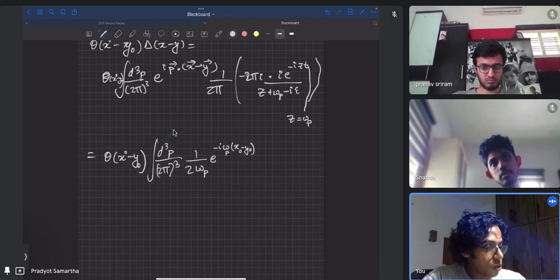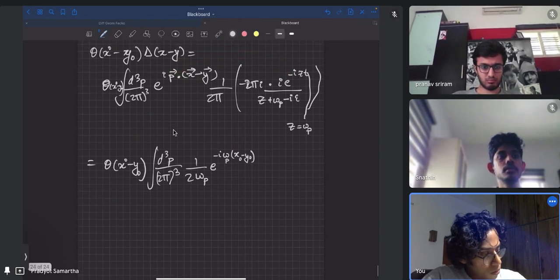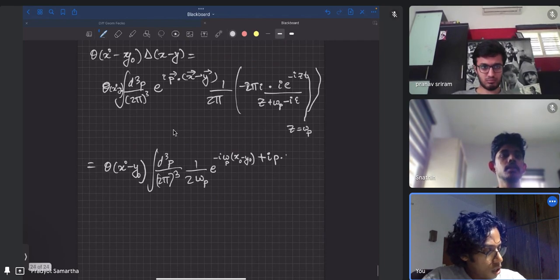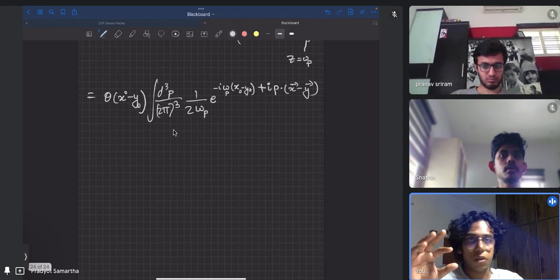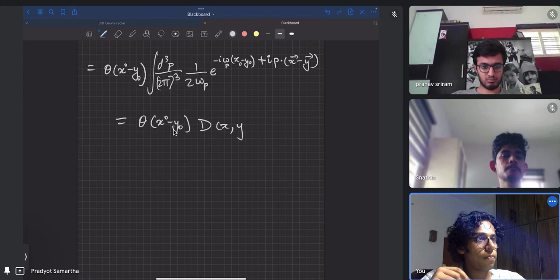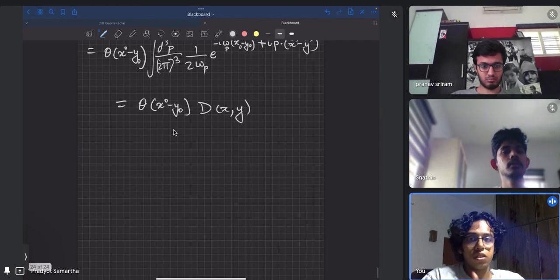When you take this exponential here, it just becomes plus i. Where your x and y are three-dimensional vectors. That is nothing but, as we saw, theta of x naught minus y naught D of x comma y. So this is the Wightman function.